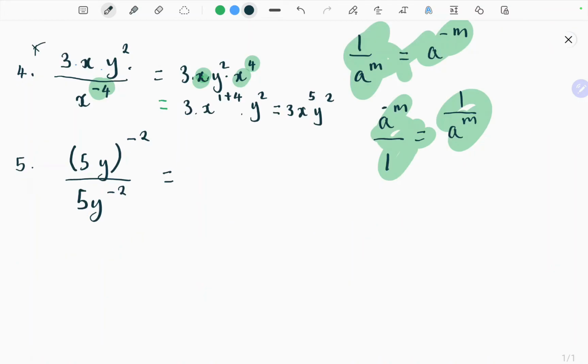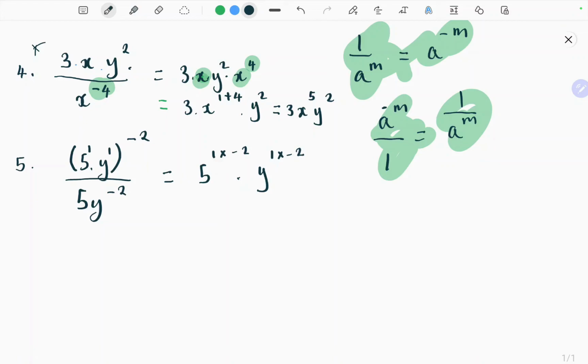And lastly, I always insist that you write the exponents, even if they're not given. 5 to the power of 1 and y to the power of 1, all raised to the power of -2. So this essentially is a power raised to another power. And how to solve this type of problem is by multiplying the exponents. So this is 5 to the power of 1 times -2, y 1 times -2.